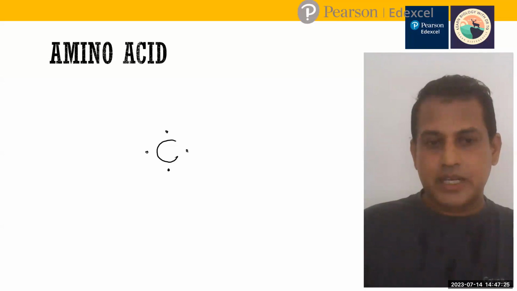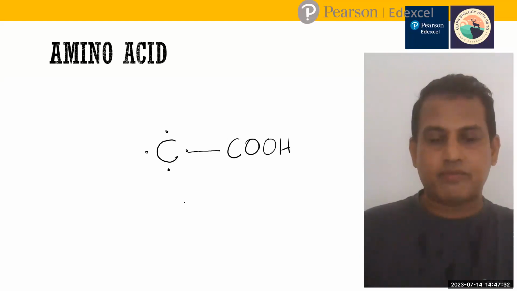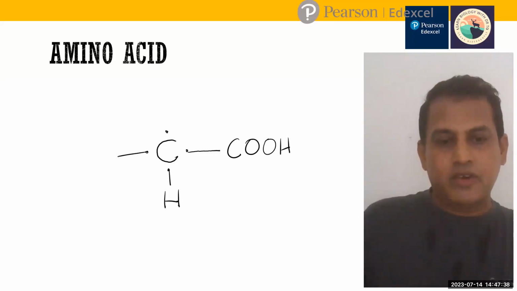So these electrons can make a bond with the carboxylic group, COOH. And this one can make a bond with the hydrogen, and the third one can make a bond with the amino or amine group. So this has a nitrogen and 2 hydrogen.